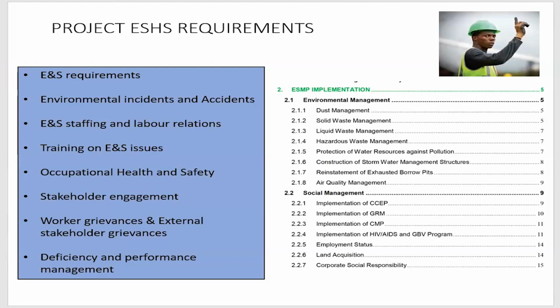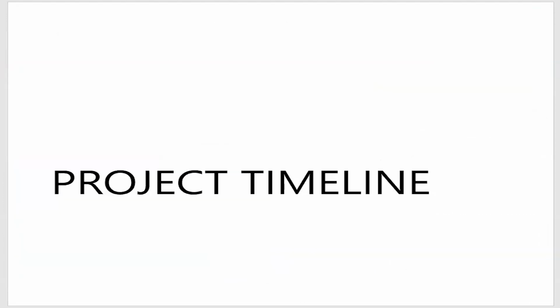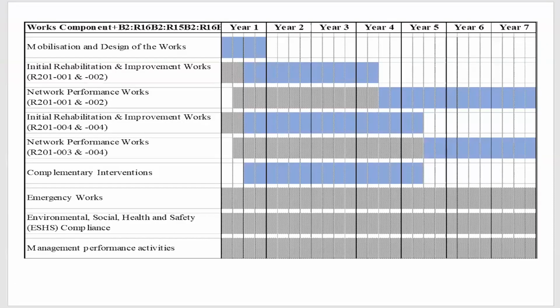These are the targets for the environmental incidents and accidents, staff and labor relations, occupational health, and stakeholder engagement. Let me quickly skip the timelines as I've already given them. It's a 7-year period: 2 years for the rehabilitation and improvement work, and then the maintenance, which is throughout up to year 7.